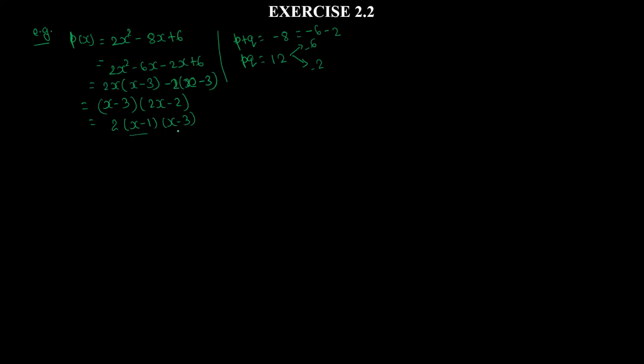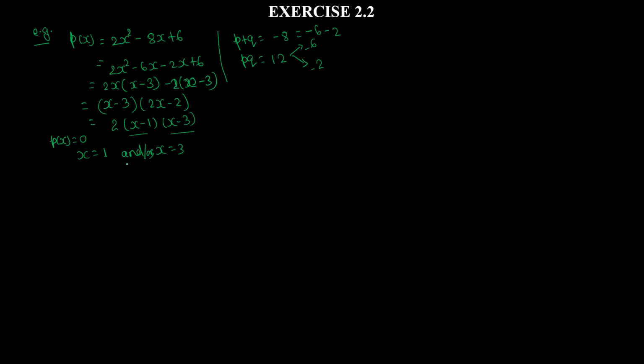Now, each factor we are going to equate to 0. Since for this value it is going to be 0, finally we'll get x equal to 1 or x equal to 3. Any one is going to be equal to 0.